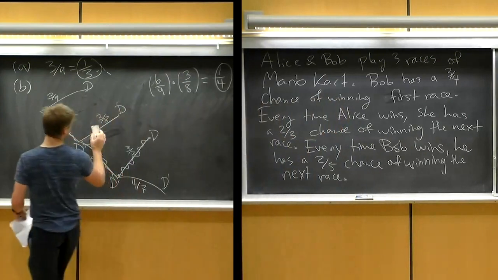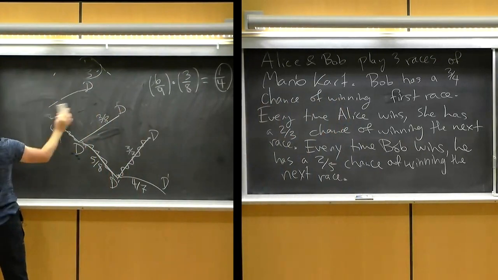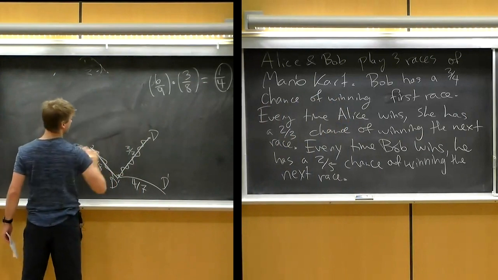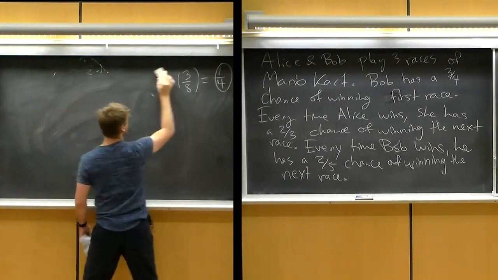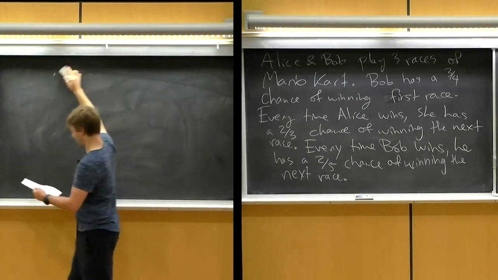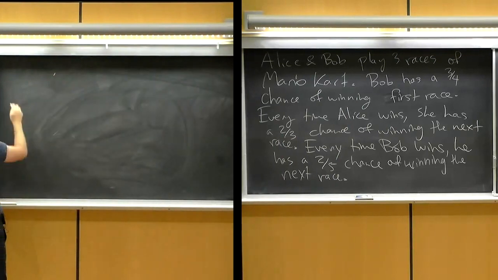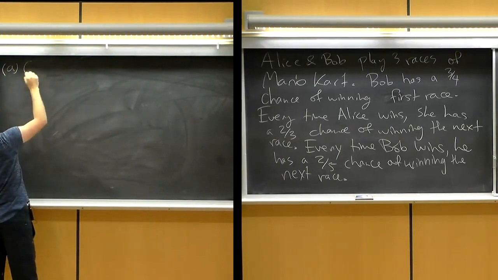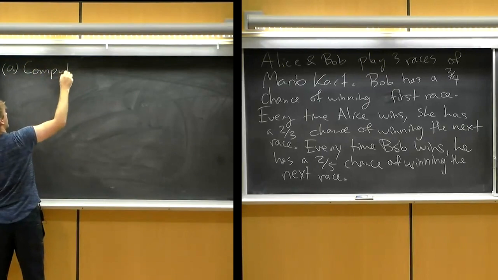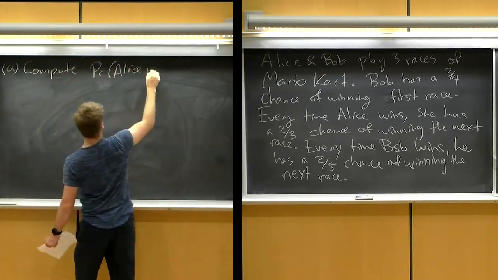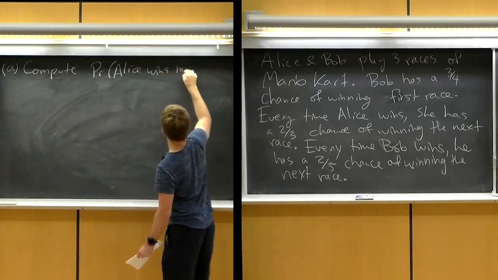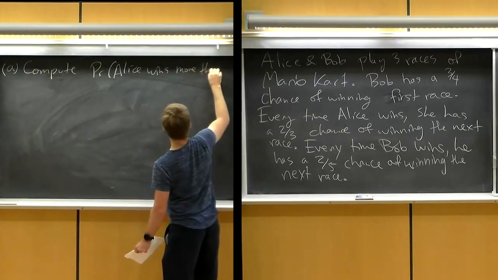Okay. A little bit complicated. Let's say this is part A. Compute the probability that Alice wins more than Bob.